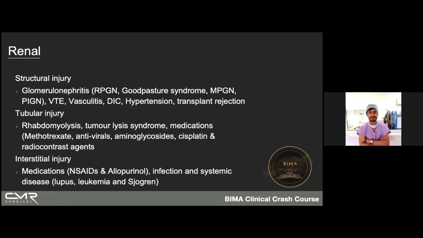Can also be vasculitis. With vasculitis, you have large vessel disease, medium vessel disease and small vessel disease. For kidney diseases, it's usually medium vessel disease. So we're talking about granulomatosis with polyangiitis.